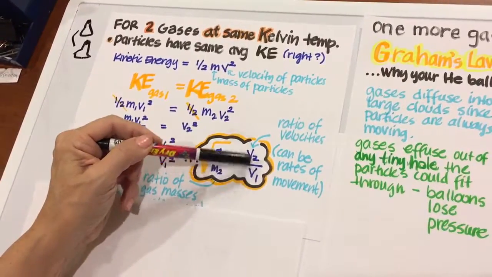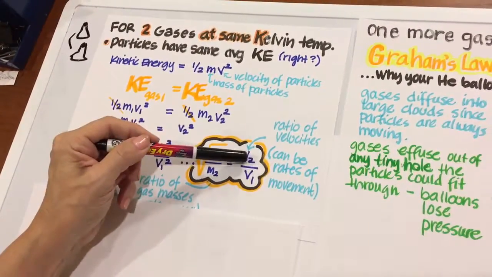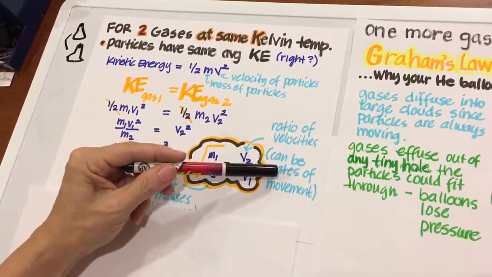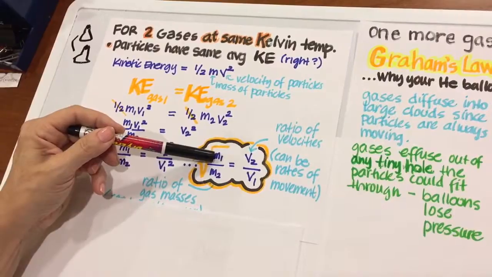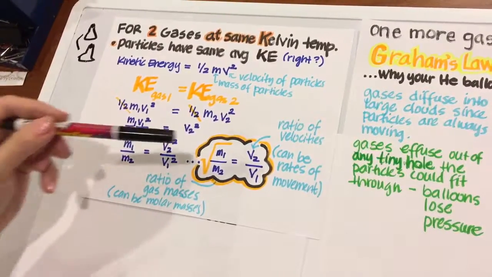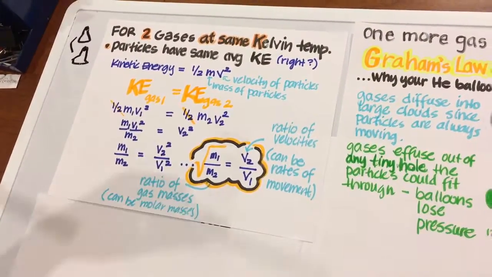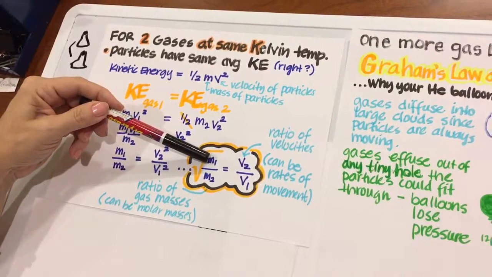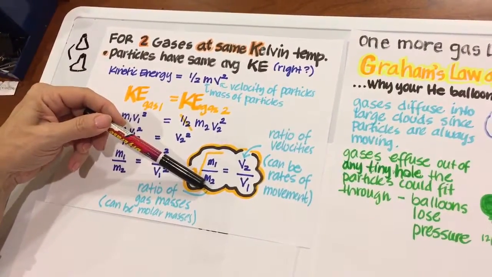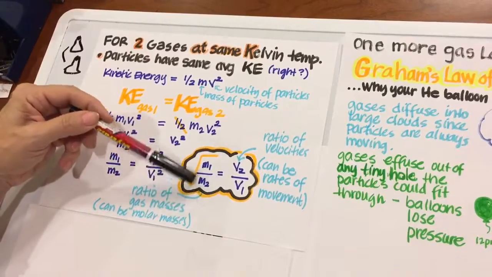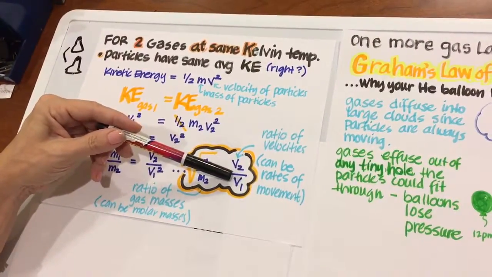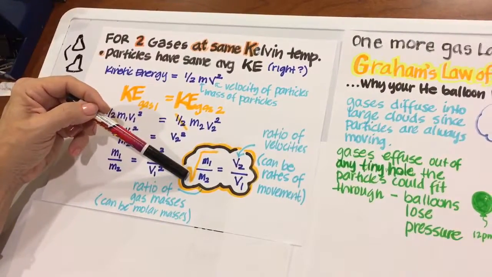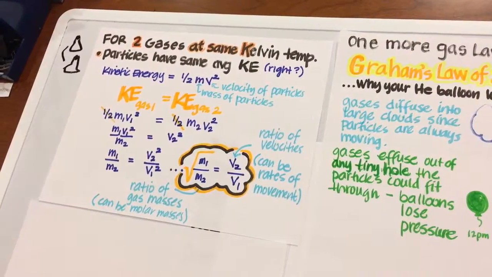If we know both rates, we can plug them both in. If we know one rate, we can plug one in. And for the ratio of gas masses, these can be molar masses. So if we know the molar mass of the first gas and the molar mass of the second gas, we can take the square root of their ratio and figure out the rate of movement. So Graham's law of diffusion is quite a useful formula for us.